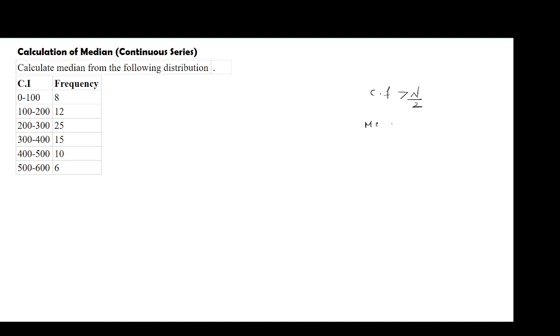Then find out median using the formula. Median is equal to L plus h by f into n by 2 minus c. Now my first step is write down the class interval and frequency values as it is, which is given in the question.